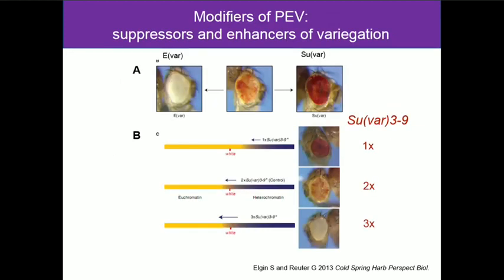And of course, as soon as this was seen, individuals did screens for suppressors and enhancers of that phenomenon. These are known as SUVARs and EVARs. A suppressor of variegation is one that prevents that chromatin compaction from occurring and hence retains the open state, so you get expression of the white locus and hence the red eye.